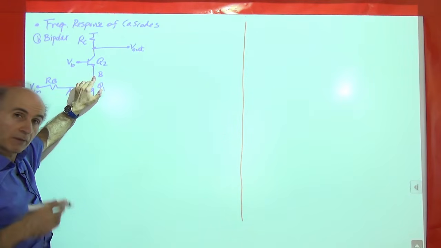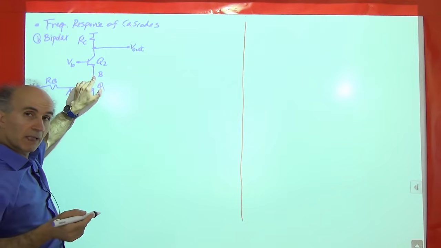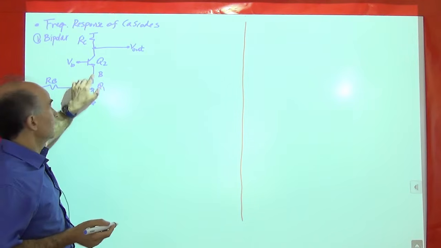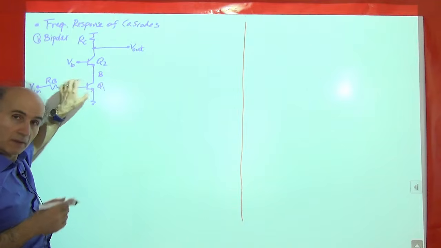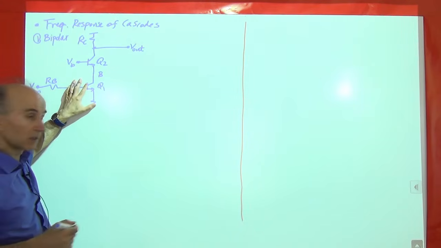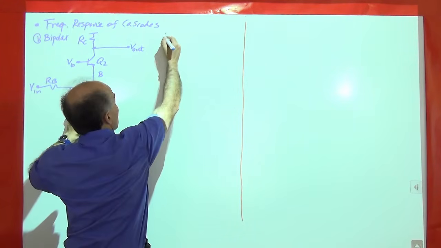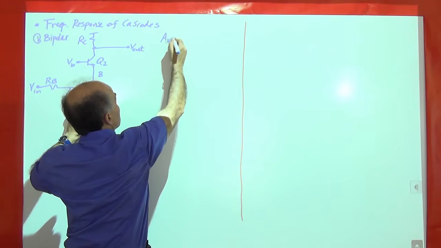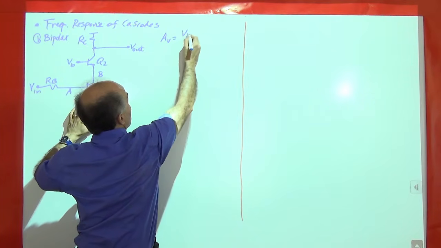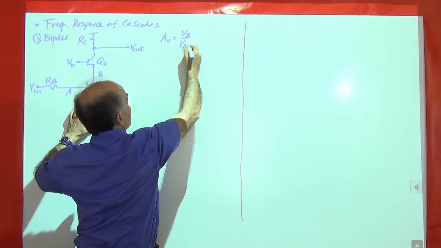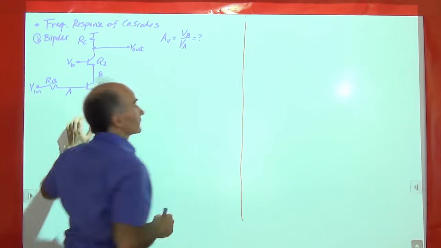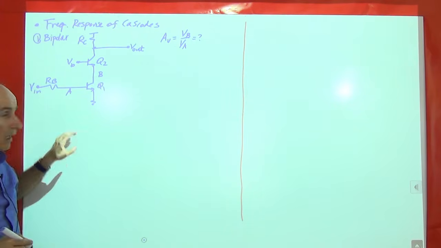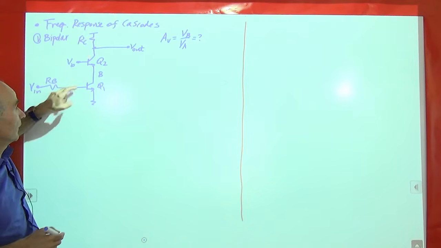Previously, we didn't look at it because the output of interest to us was here, not here. But we need this, so let's try to find that voltage gain, call it AV, VB over VA. How much is that? This is not the overall voltage gain. It's just from here to here.